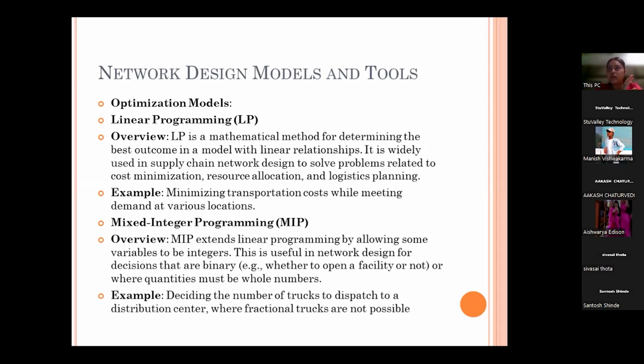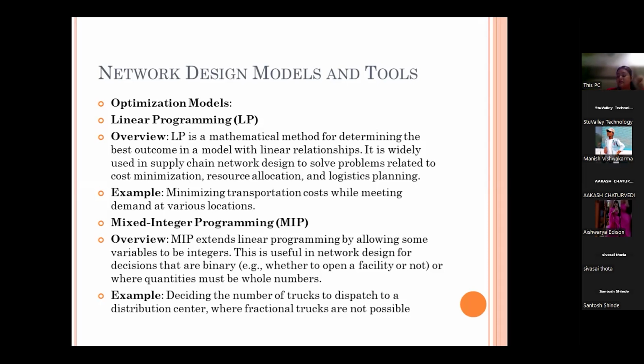So the order, demand, and the logistics, these three things should be aligned, and the inventory stock should be there. If these four things are aligned, then this will be linear programming, and it will give the best outcome for how we can reach our customer very quickly.